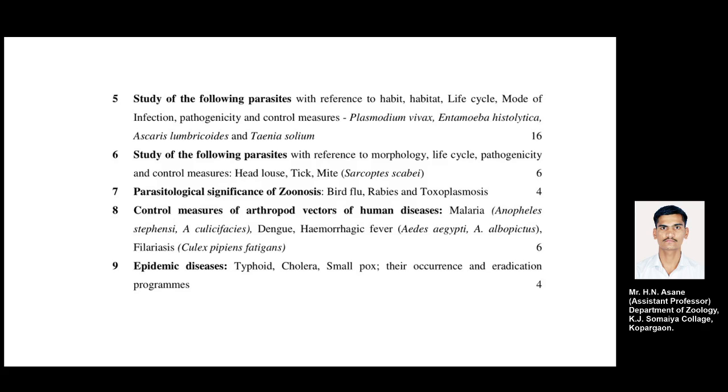Then we would move towards the seventh chapter, that is, the parasitological significance of zoonosis. Zoonotic diseases have been known from old times, like the bubonic plague. We know that the plague was very widespread in India around 1970 to 1980, or before that, I think.